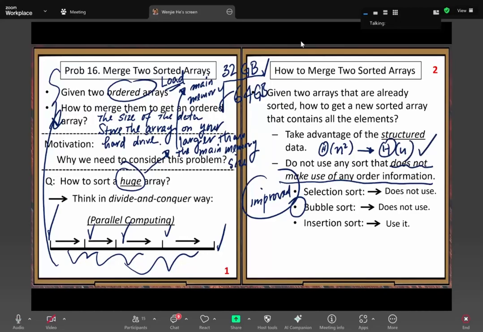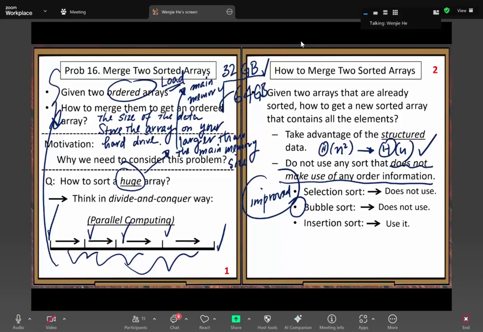So this special property of the insertion sort tells us insertion sort is a perfect example, or perfect experience, to be used in our current problem.